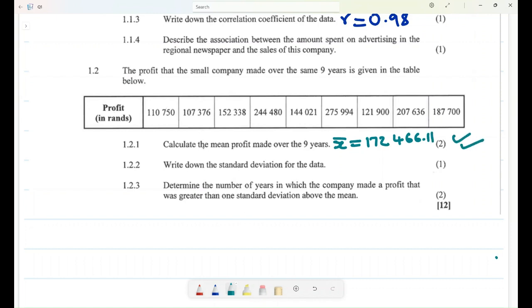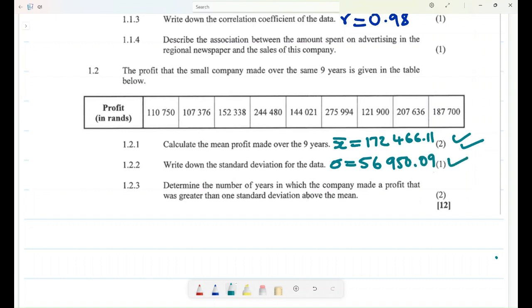Why? Because you have your calculator that can do all this for you. What is the standard deviation? You can also get it from the calculator. The standard deviation is something like 56,950.09.